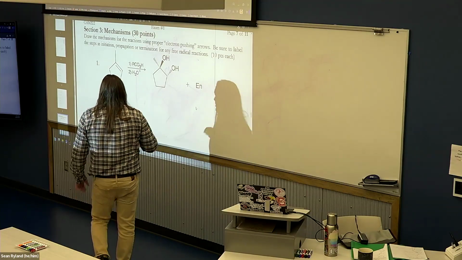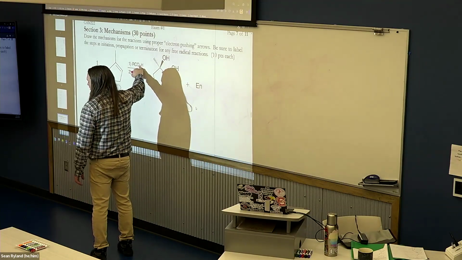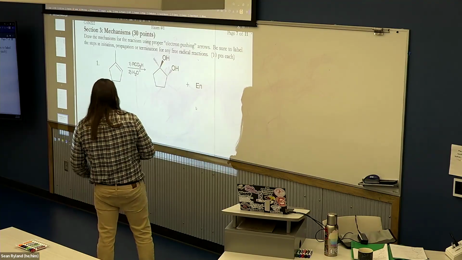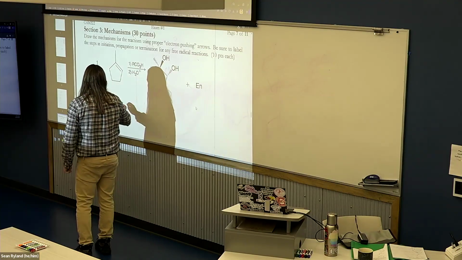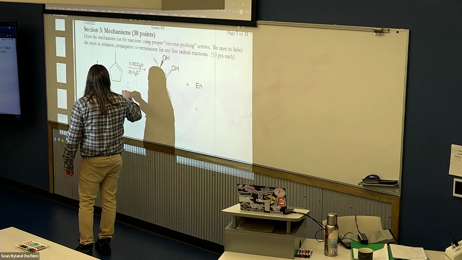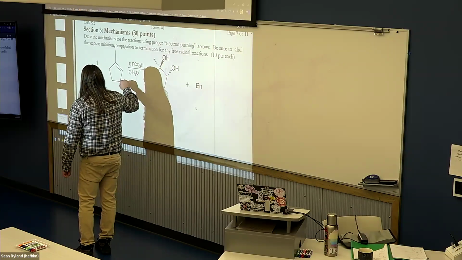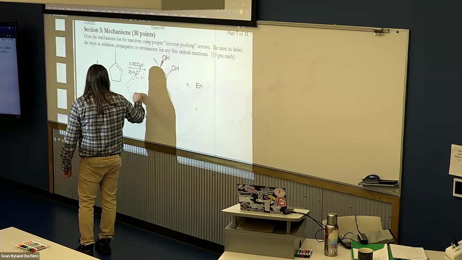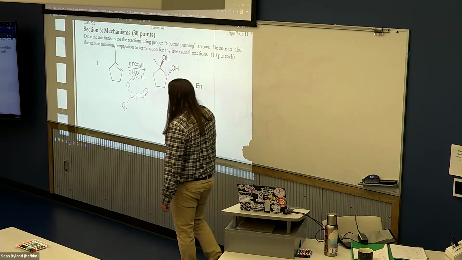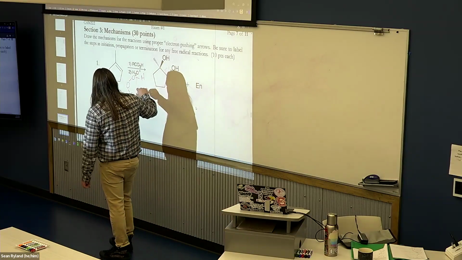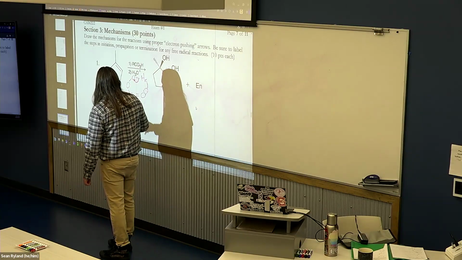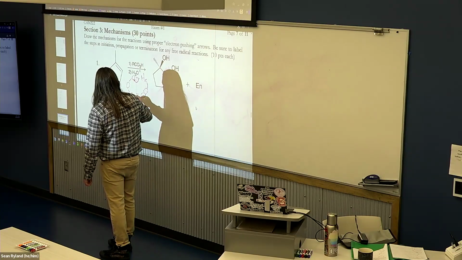All right, so for this one, we had that weird 5-sided intermediate. We're going to start by making the epoxide. So the trick here was remembering that our other way. This is the one where we get that weird 3-sided intermediate, where a lone pair grabs a hydrogen. Those electrons move over.